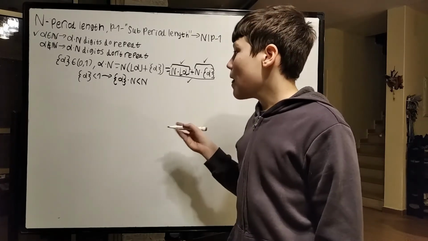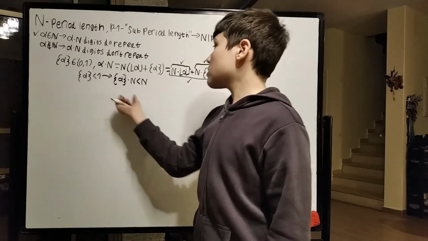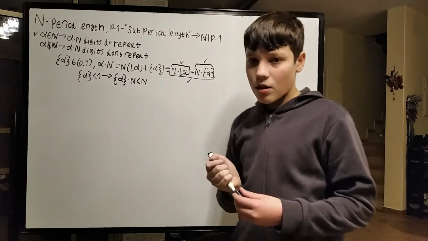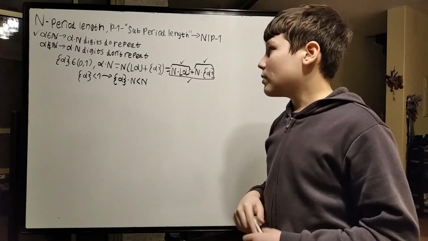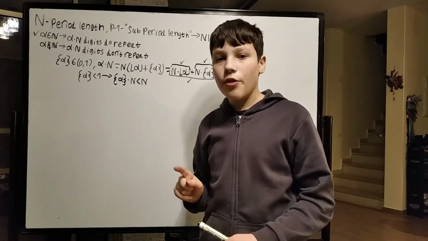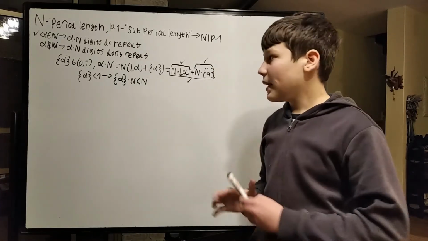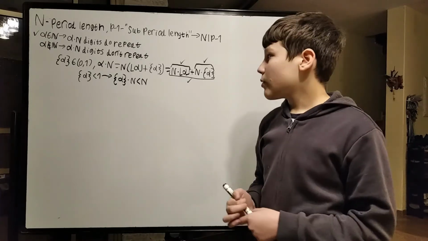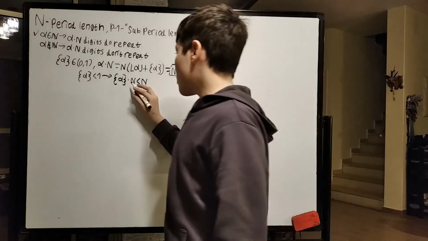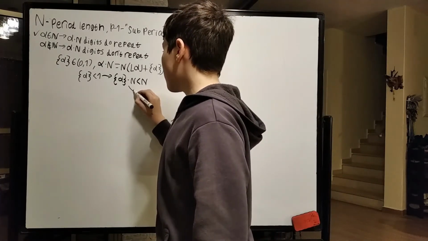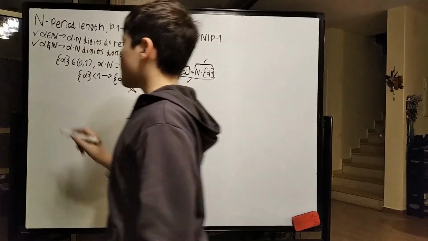We have an amount of digits, if this happens to be a natural number, smaller than n, which repeats. But we defined n as the period length, which is the smallest number of digits that repeat. And so there can't be any amount smaller than that. So we have our contradiction, and we've shown that this is correct.